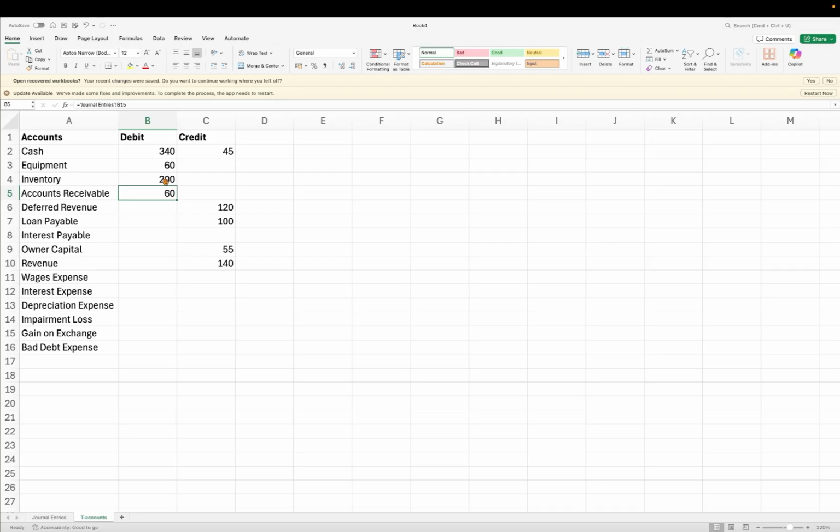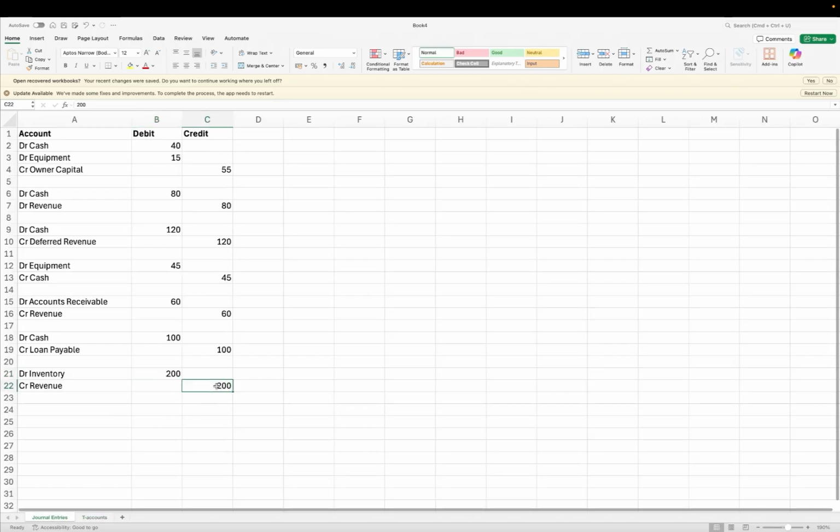Inventory is an asset account, and assets increase with debits. Recording 200 on the debit side would be appropriate. Next, we have the credit portion, right? The credit portion of revenue. Let's put them together too. The journal entry shows an additional credit of 200 to revenue.